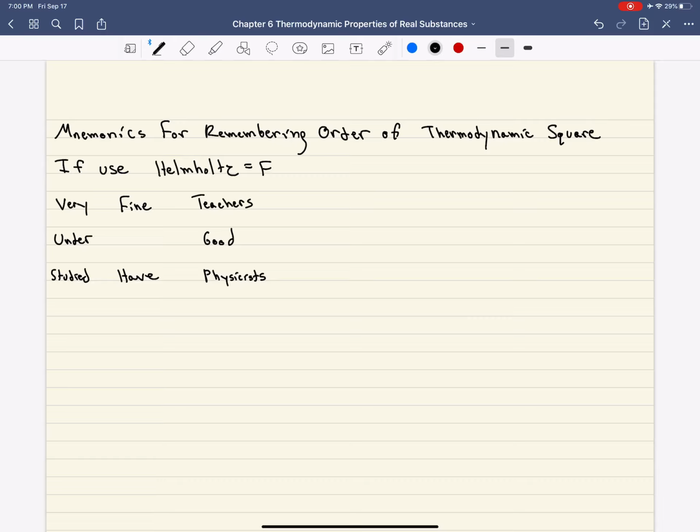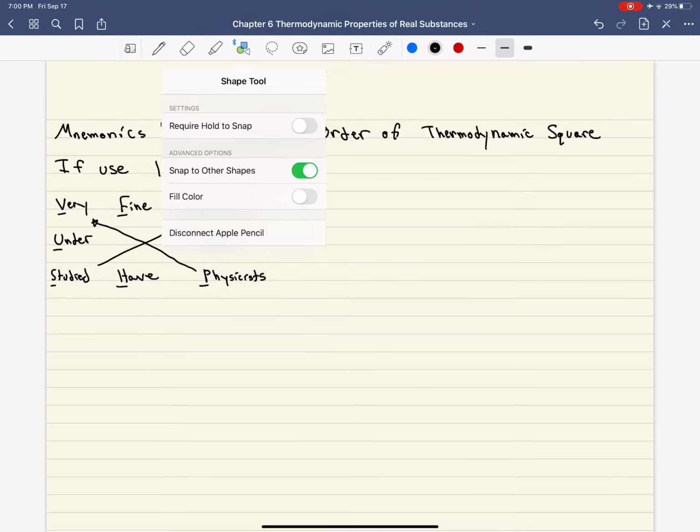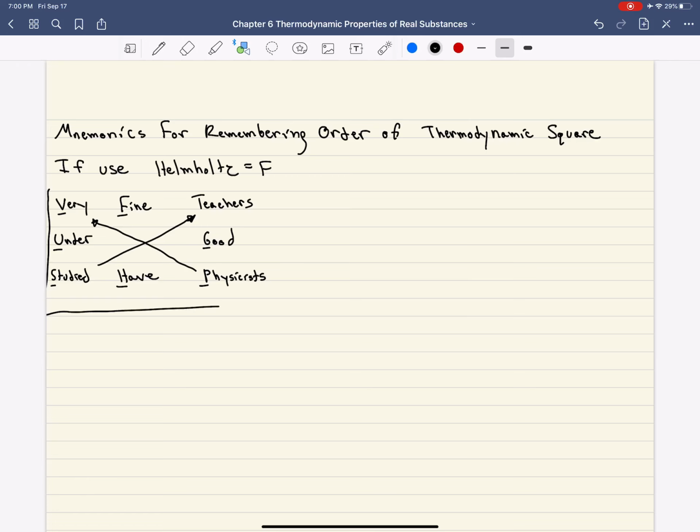Okay? Where, of course, here you have Gibbs, pressure, enthalpy, entropy, internal energy, volume, and Helmholtz. Right? And so then just draw your arrows going up. Okay? So that's one mnemonic, and it's a very cheerful mnemonic to remember.